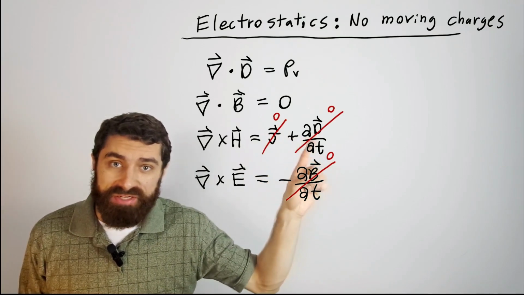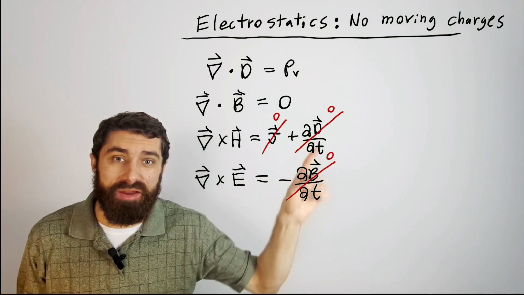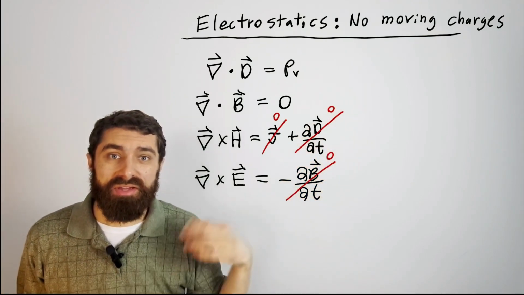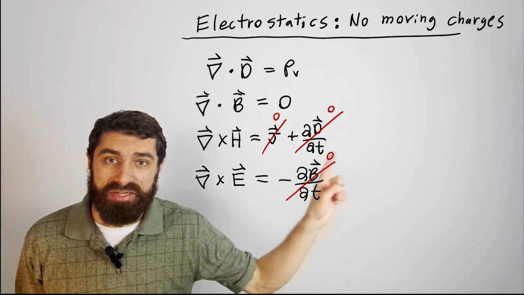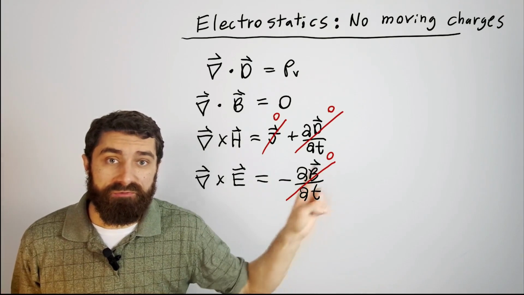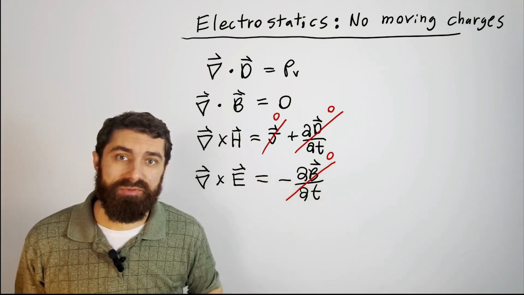Also, because all the charges are stationary, your electric fields are not going to be changing with respect to time. So this partial derivative will also go to 0. In the same way, because everything's stationary and nothing's varying with time, the derivative of B with respect to t is also going to be equal to 0.